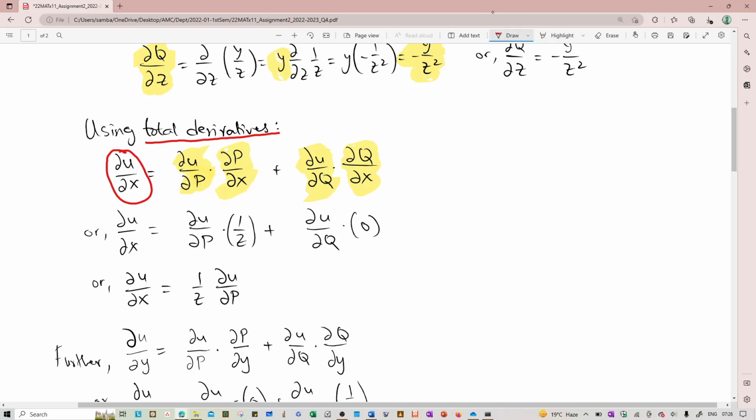So basically we are implementing some usage of the chain rule over here, but since the space has got two variables p and q, we use total derivatives to use this formula.